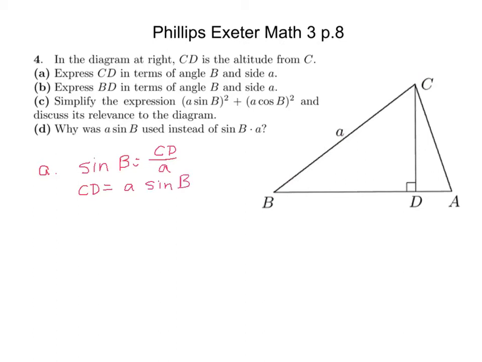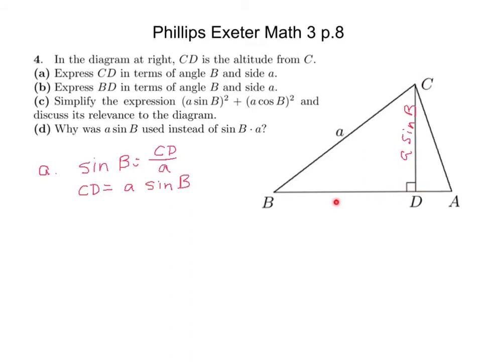So this right here would be A sine B. Okay, now express BD in terms of the same two pieces.